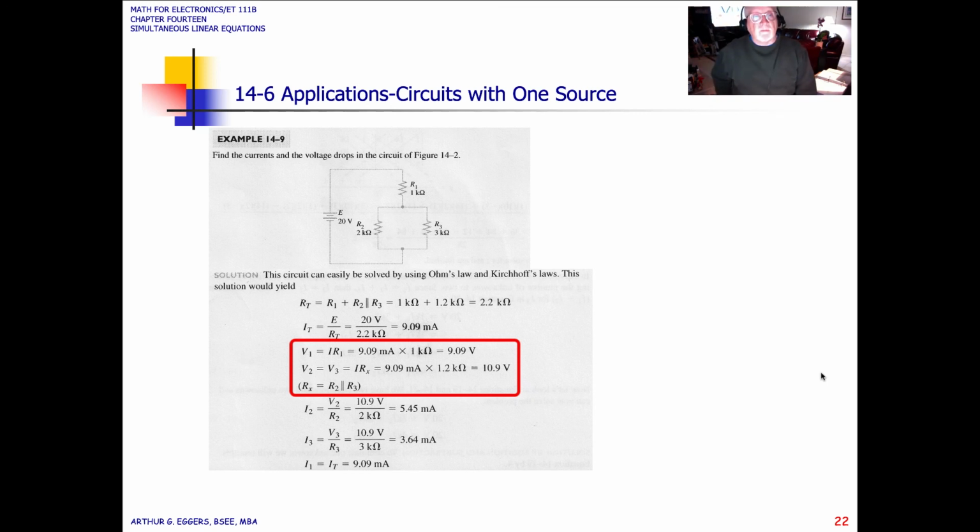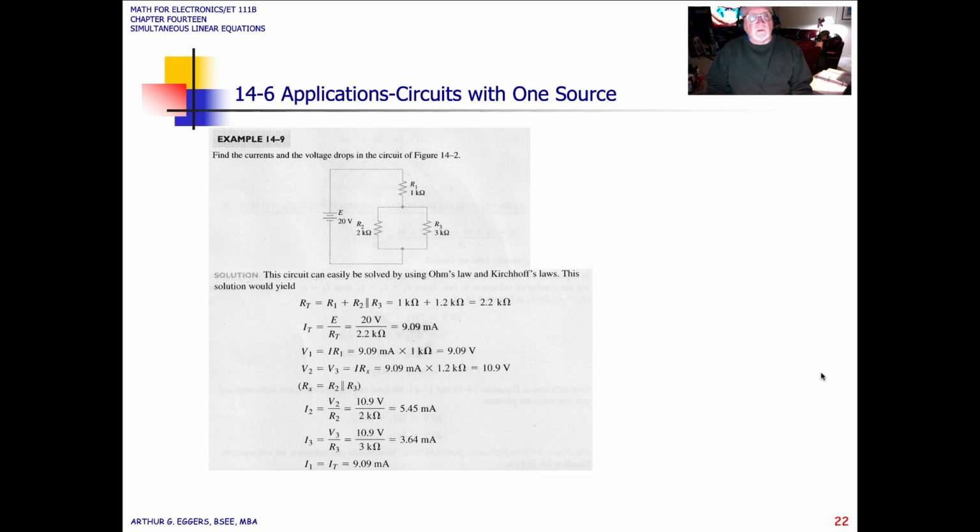So voltage drop 2 is equal to voltage drop 3, and we will call that the current times the equivalent Rx. 9.09 milliamps times 1.2K ohms gives us 10.9 volts. Okay, so we could have done it either way. We could have subtracted 9.09 from 20 volts and come up with the same value.